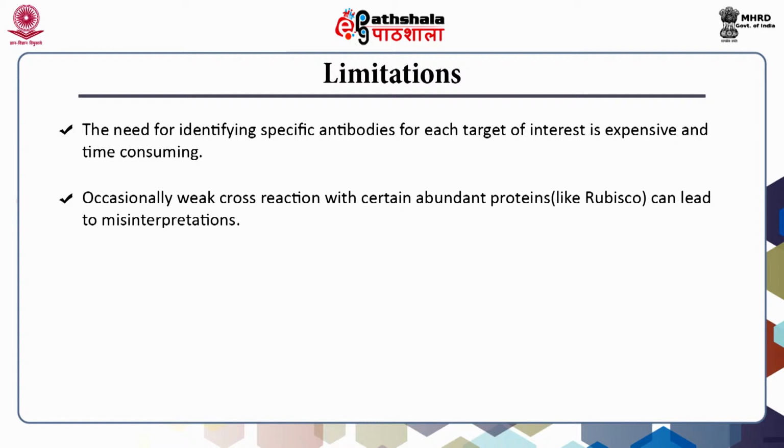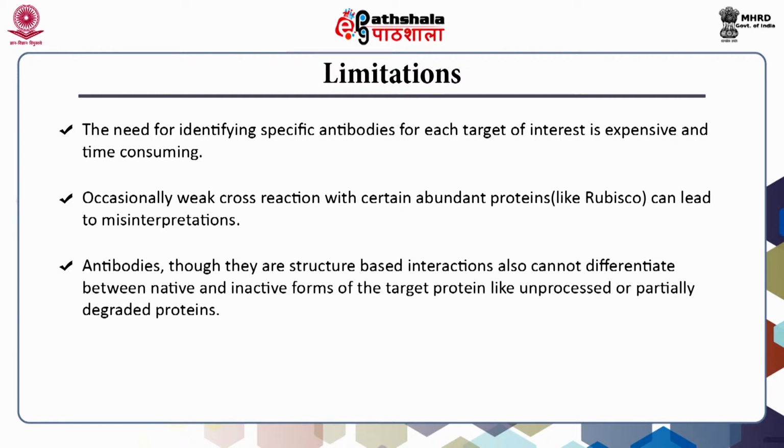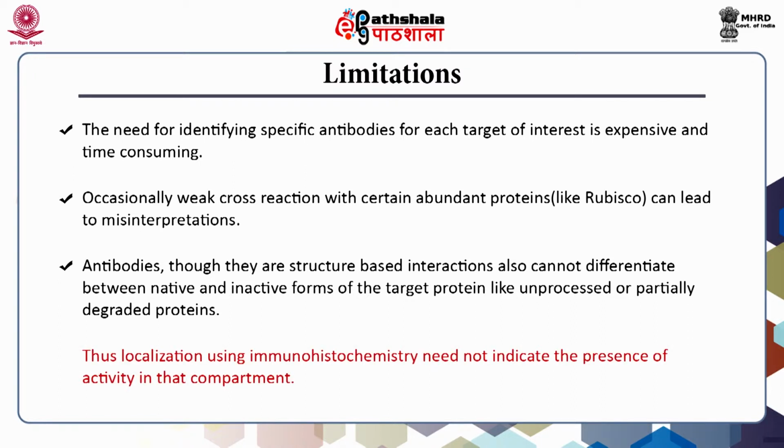Another major drawback is that antibodies depend on structure-based interaction, the epitope-paratope binding. So it also cannot differentiate between native and inactive forms of the target protein, like unprocessed or partially degraded protein. Thus, immunohistochemistry only reveals the presence of the target enzyme in that location rather than its activity.